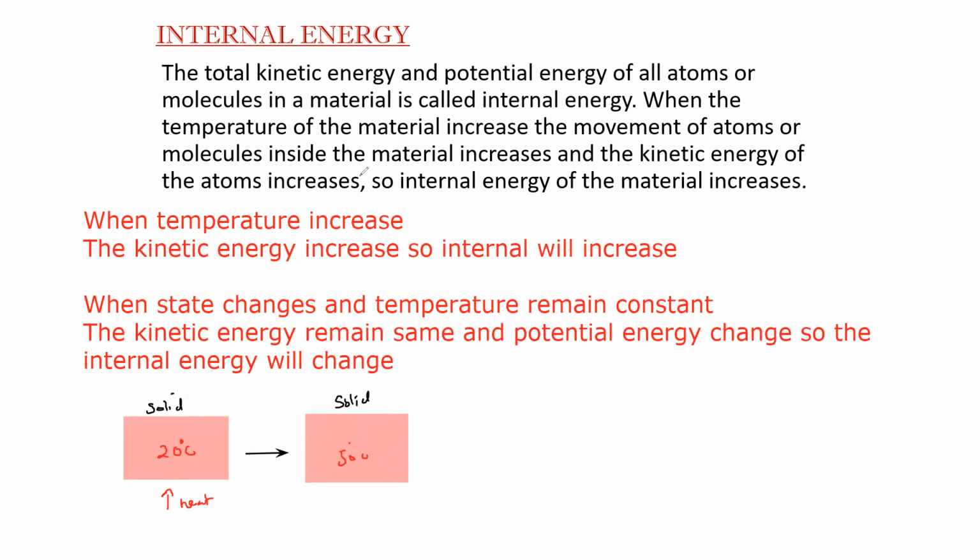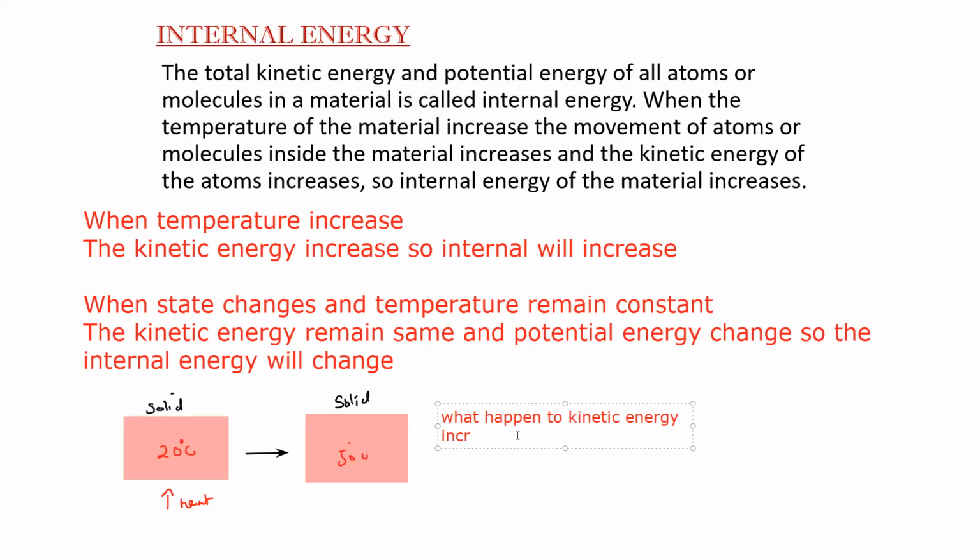So what happened in this example to the kinetic energy? Will it increase, decrease, or remain the same? The kinetic energy will increase because the kinetic energy refers to the temperature.